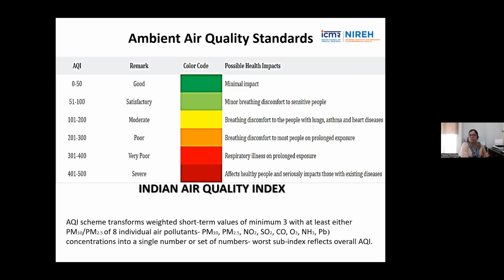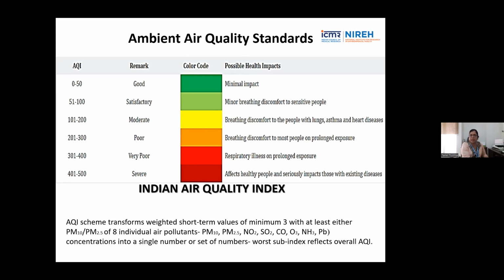There are guidelines on how these air quality indexes are calculated in India. It says that 24-hour means of a minimum of 3 of at least 8 individual pollutants, of which either PM10 or PM2.5 has to be included, is converted into this concept known as the air quality index. For every single pollutant, the index is calculated.